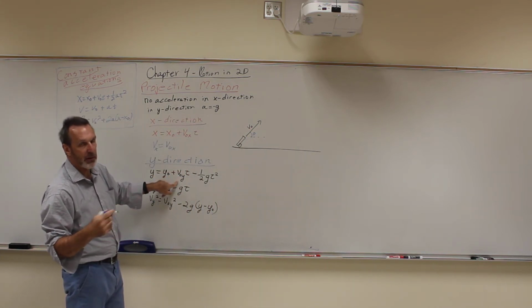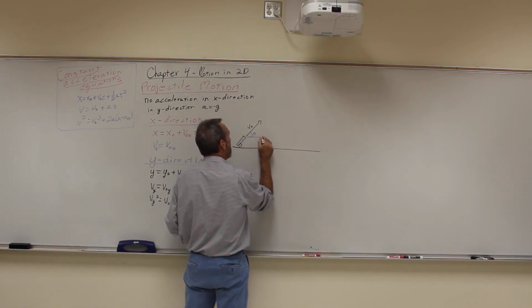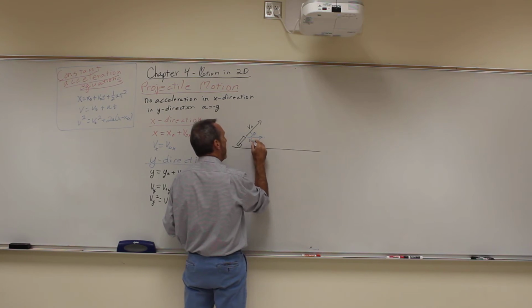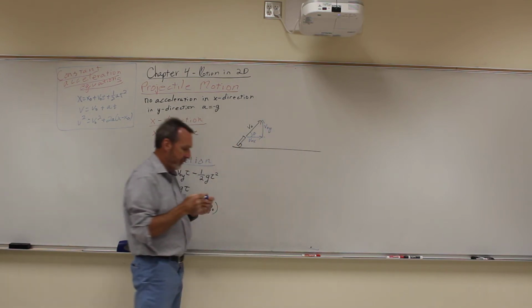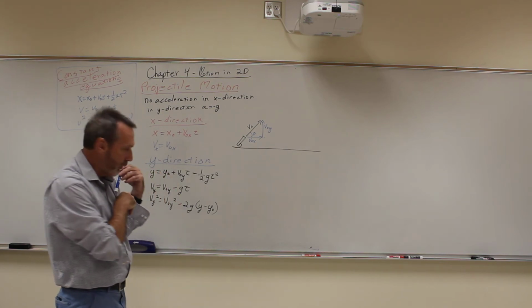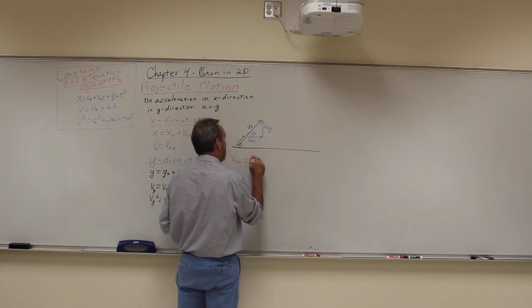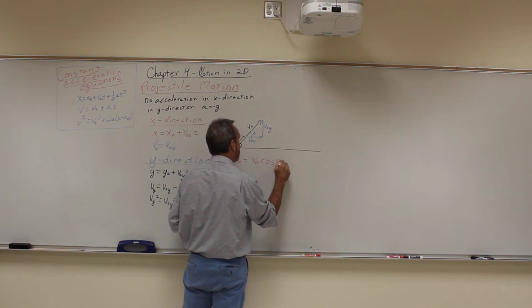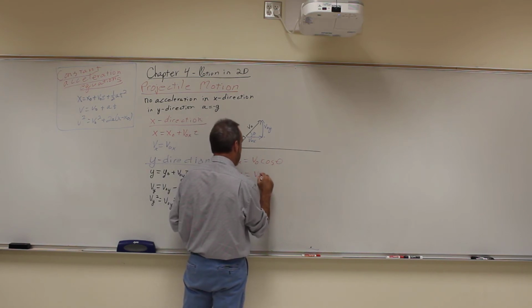So we have to use our components that we learned in chapter 3. So we're going to split v naught into two components. One component here we're going to call v naught x. One component this way we're going to call v naught y. And then using our trig equations, we realize that v naught x is equal to v naught cosine theta. And v naught y is equal to v naught sine theta.